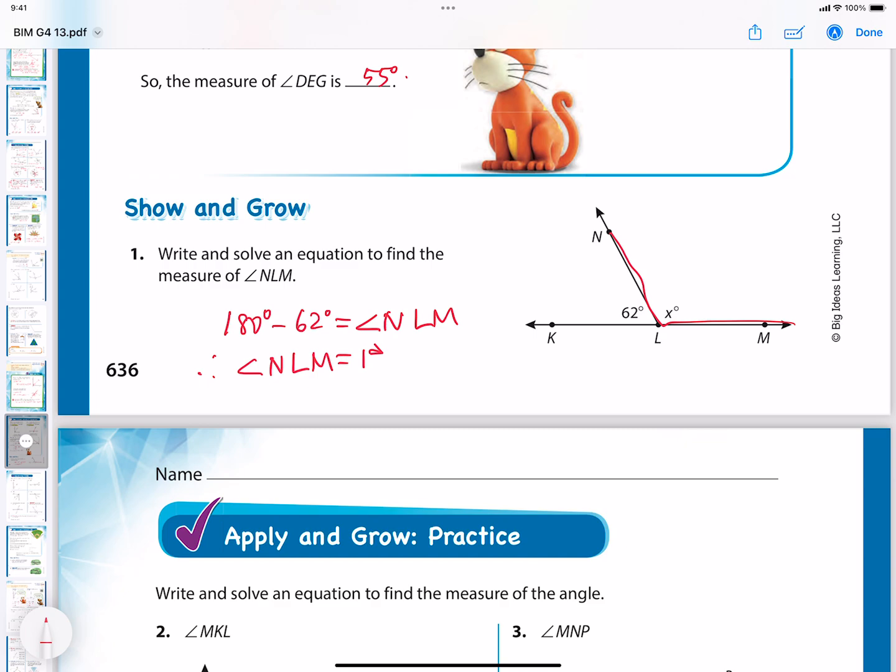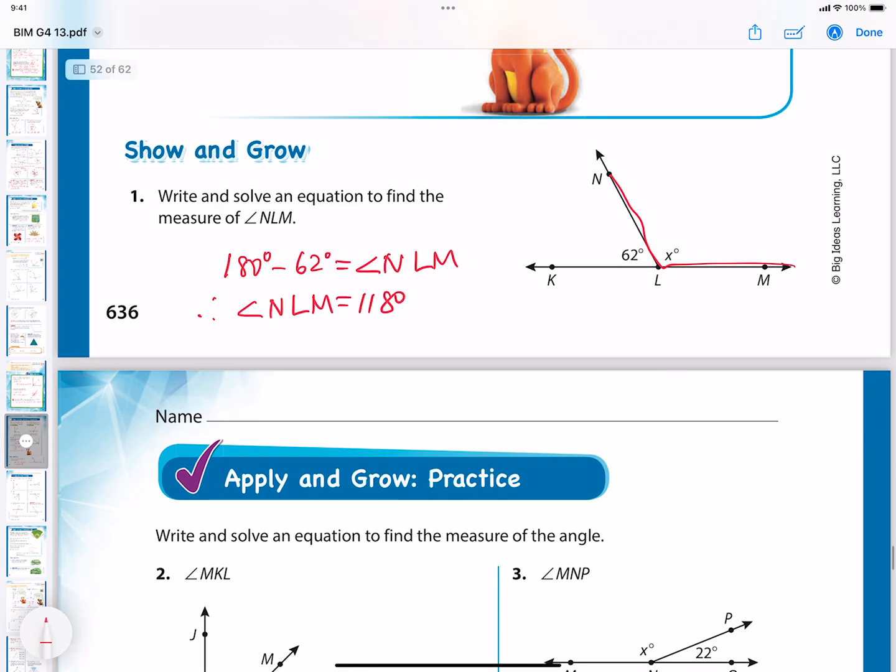I'm sorry. What did I say? No, 118, guys. Okay, 118 degrees, okay? So 180 minus 62 is what? 118, so 80 minus 62 is 18, and you still have 100, okay?